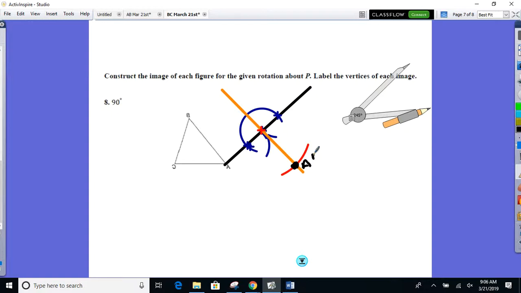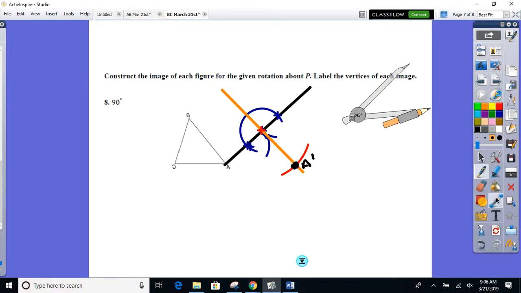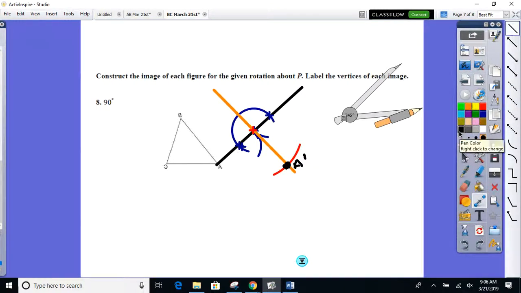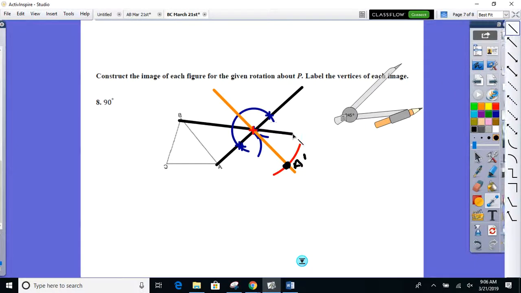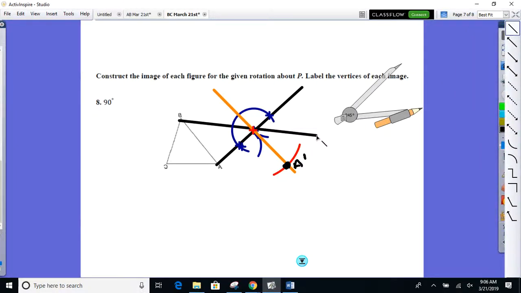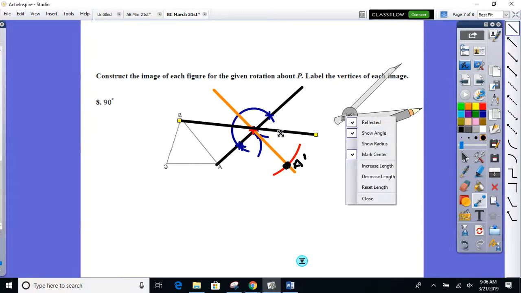Okay, B. Do we still want to do this together? Okay, let's go. So let's do B now. Because I understand this could be a lot of lines and a lot of arcs for some of you. So B, again, I draw a line through BP. And now I got to make a perpendicular line going through P. So I put my compass point on P like usual.